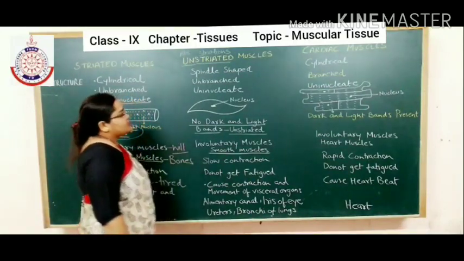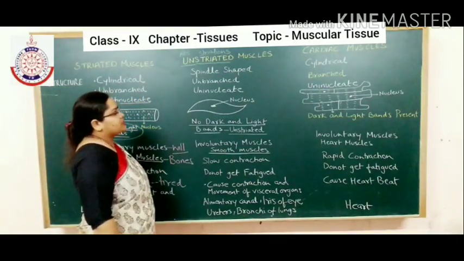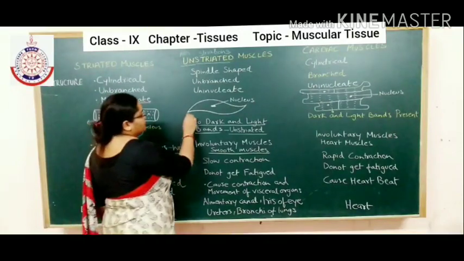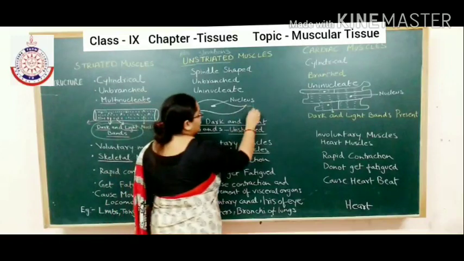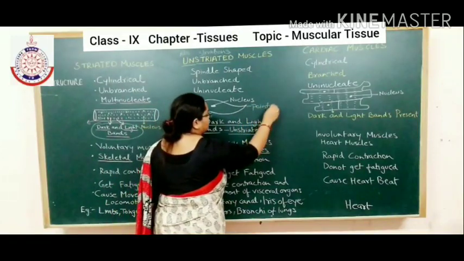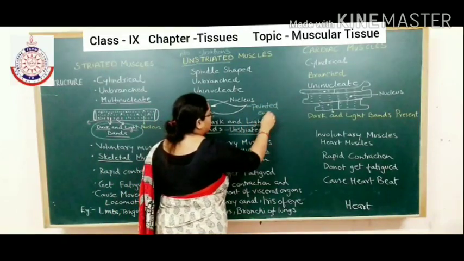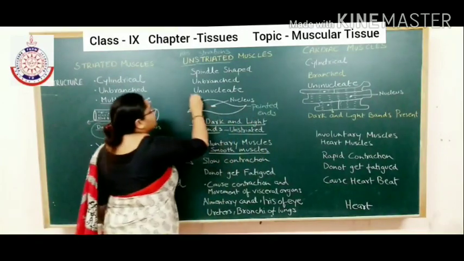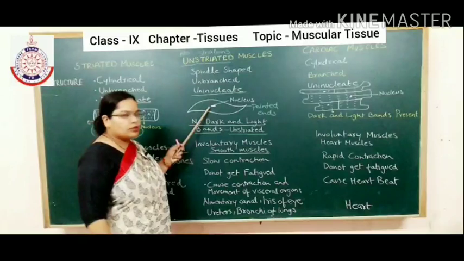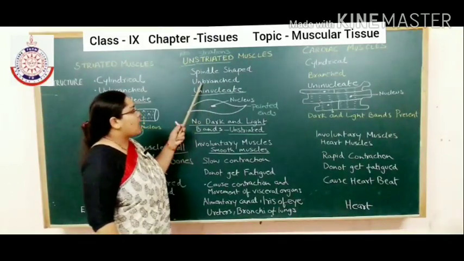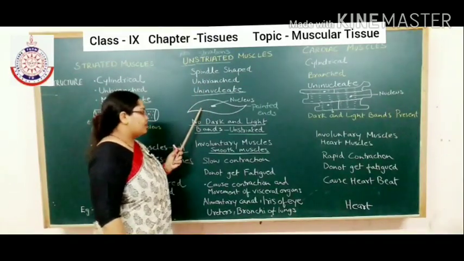Now the structure of unstriated muscles: these are spindle shaped. You can see these are spindle shaped. They have pointed ends. They are uninucleate, as you can see in the diagram, only one nucleus is present, and they are unbranched, no branches are present.